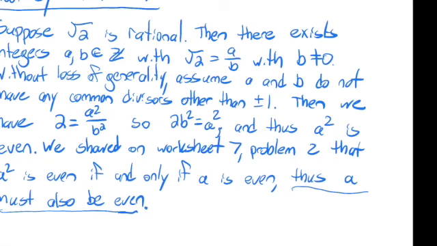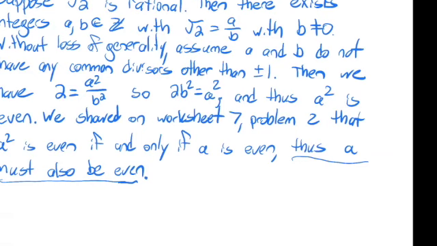So I think you want to map that out in 2 different steps, because using the definition of what it means to be even, this wouldn't tell me that a is even. It tells me a squared is even. Okay, any other questions?